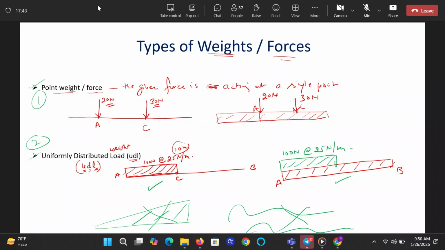Now, if you load anything on the beam and the beam has a weight, then what should happen? The gravity of the earth should keep pulling the beam downwards, and the beam should go to the center of the earth, unless the beam finds a support.